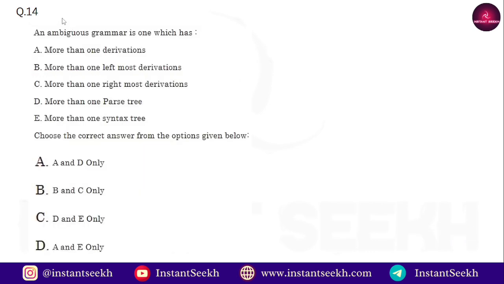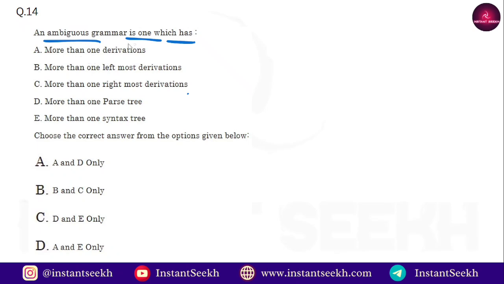Okay, an ambiguous grammar is one which has what? More than one derivation, more than one leftmost derivation, more than one rightmost derivation, more than one parse, more than one syntax tree. Let's see one by one.